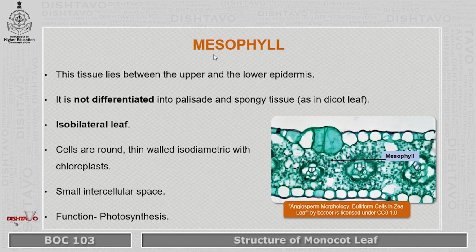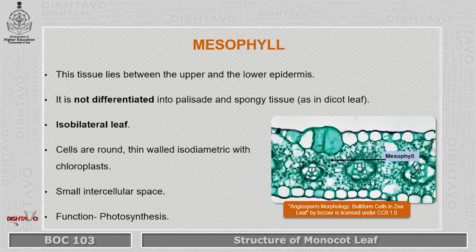Moving on to the mesophyll. Unlike dicots, here the mesophyll is not differentiated into palisade and spongy. This tissue lies between the two epidermal layers, hence the name mesophyll. Meso means middle and phyll means the leaf. They are isobilateral in nature.